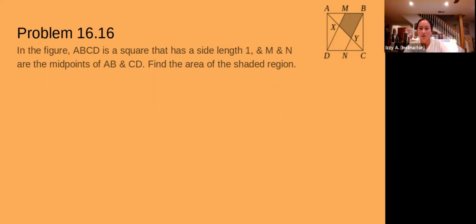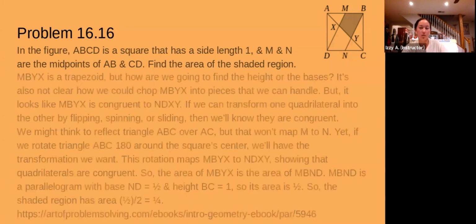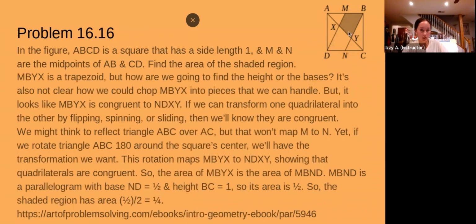Okay, I'll go ahead and go over the solutions for this problem. So MBYX is a trapezoid, but how are we going to figure out the height or the bases? It's also not clear how we could chop MBYX into pieces that we can handle, but it looks like MBYX is congruent to NDXY.